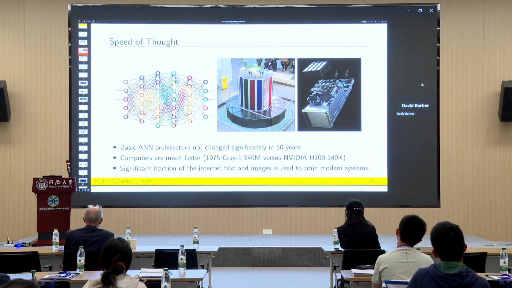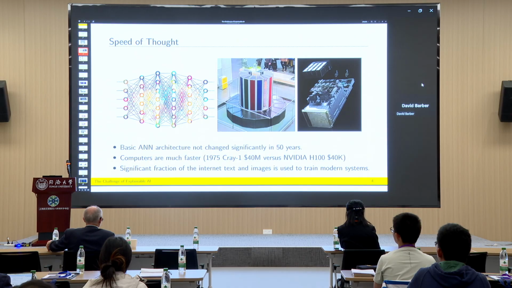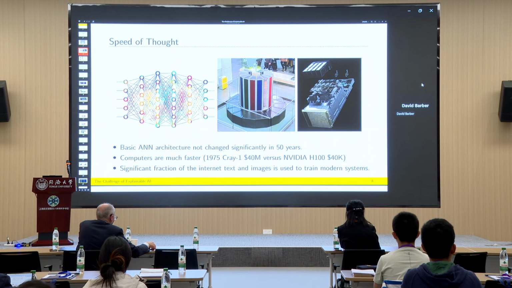So one question might be, if I were to go back to that 1975 Cray 1 supercomputer and try to train that same image generation model, the equivalent of 1 month on an H100, how long would it take the Cray 1 to do the training of that same system?